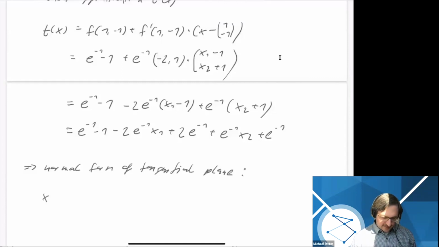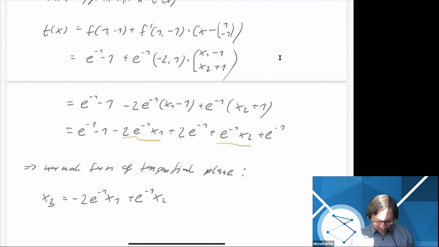And we get x3 equals, let's collect all of this, minus 2 e to the minus 1 x1, that's the x1 part. Then we have plus e to the minus 1 x2, that's the x2 part. And then we have a few constants. We have e to the minus 1 plus 2 e to the minus 1, that's 3 e to the minus 1, plus another one, that's 4 e to the minus 1.